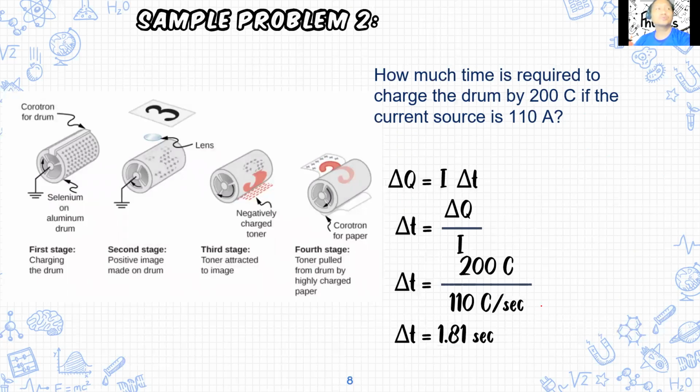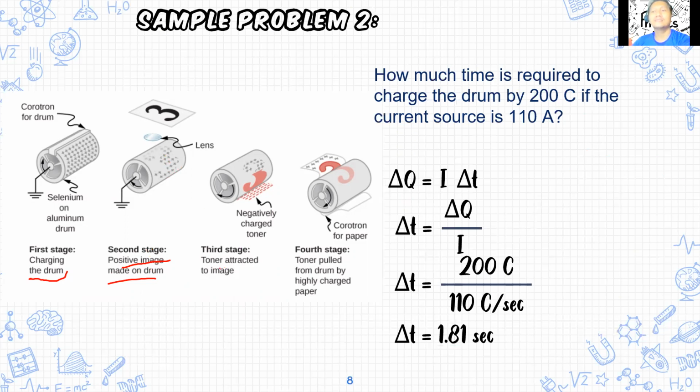In problem number 2, this is another application of charge with current, where you get charge. This is inside a photocopying machine. In a photocopying machine, the first stage is to charge the drum. When the drum is charged, a positive image forms, a positive image stuck on the drum, forming the design.